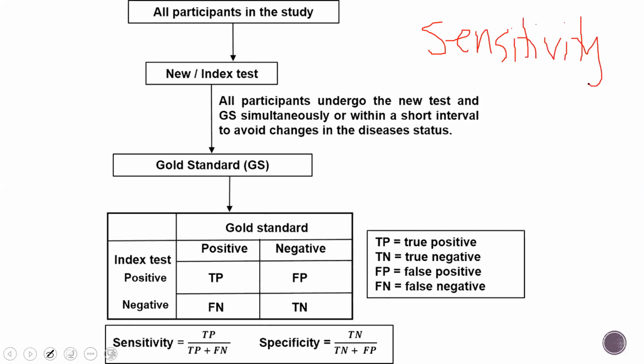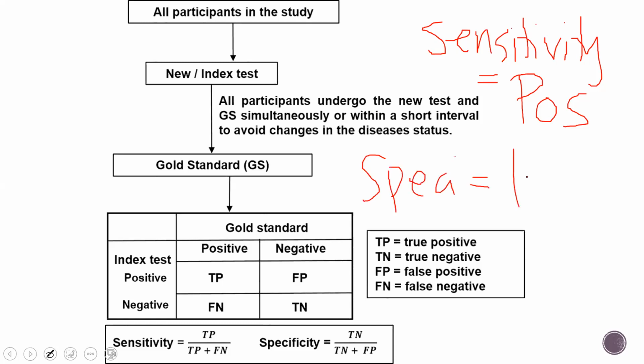When we talk of sensitivity, we look at the ability of an analytical method to test the positive patient or the presence of disease. Pagka sinabi naman nating specificity, the ability to classify the negative from the positive. So, titignan nyo lang, pag sinabing sensitivity, positive. Pag sinabing specificity, negative. Para hindi tayo malito.